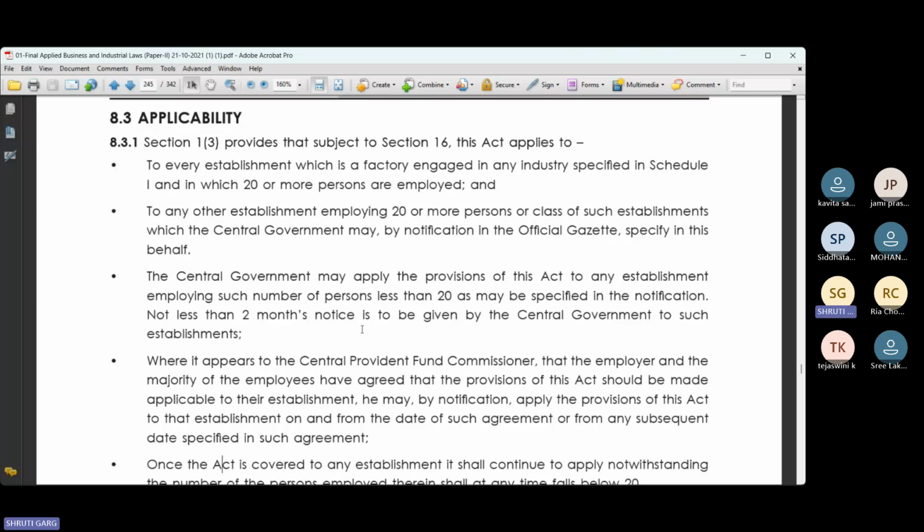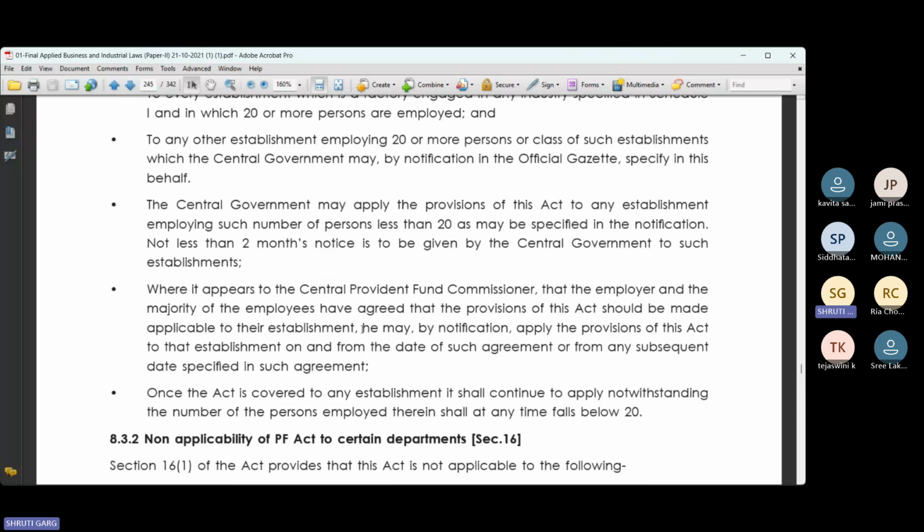Number 4, where it appears to the Central Provident Fund Commissioner that the employer and majority of the employees have agreed that the provisions of this Act should be made applicable to their establishment, he may by notification apply the provisions of this Act to that establishment on and from the date of such agreement or from any subsequent date specified in such agreement.